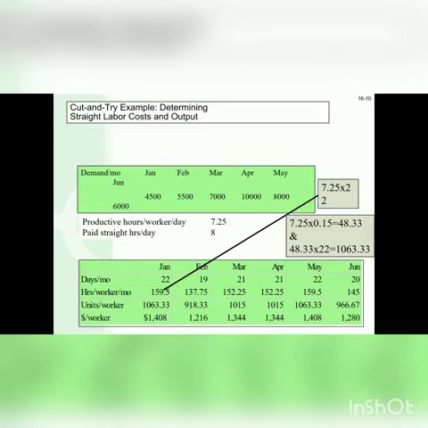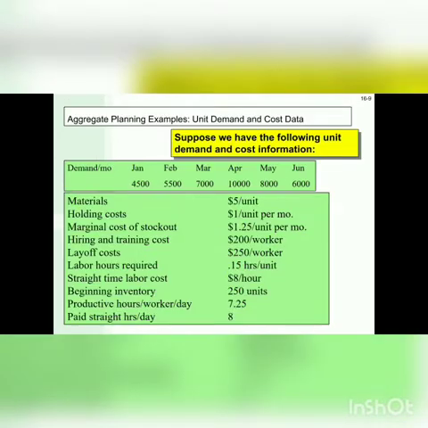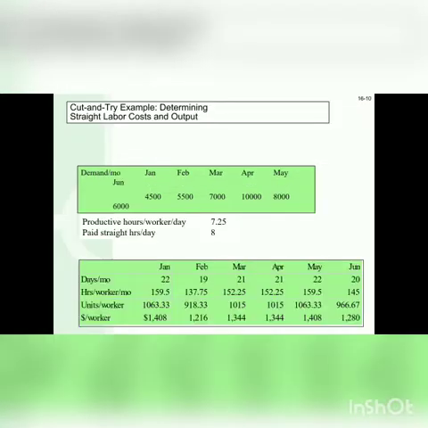Here 0.15 is the labor hours required. So 0.15 hours per unit. For 1 unit, we will require 0.15 hours.